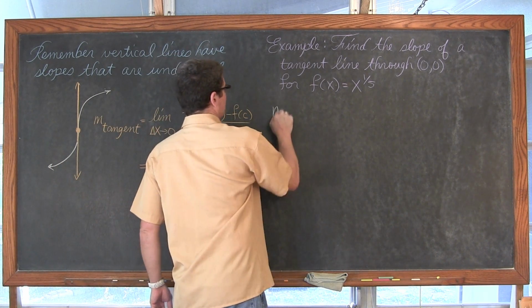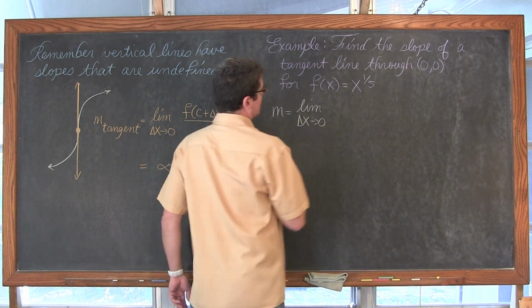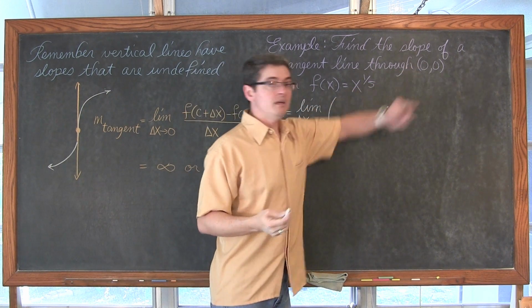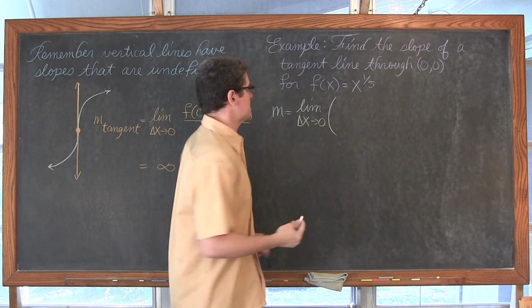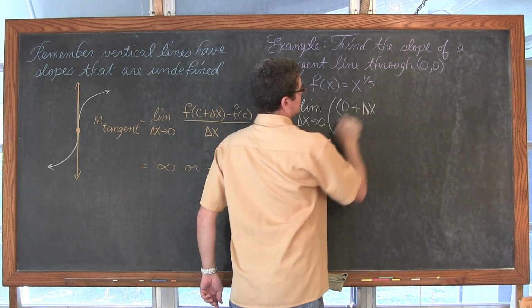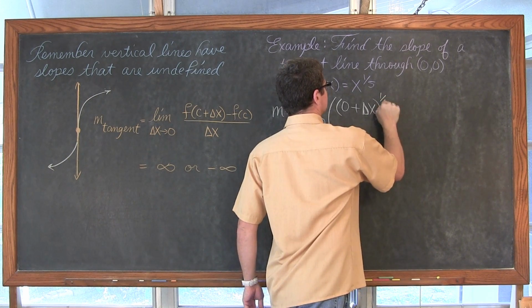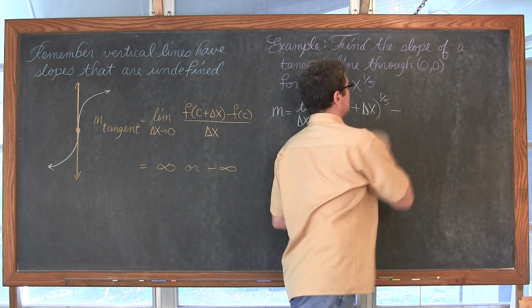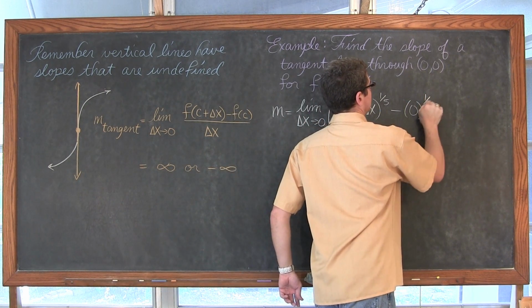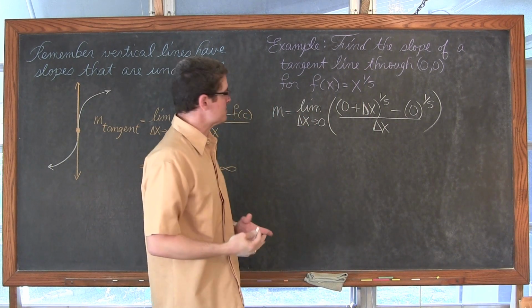So the slope is equal to the limit as delta x approaches 0 of c plus delta x to the 1/5 power minus f of c, or 0 to the 1/5 power, all over delta x. Okay, so everything seems good so far.